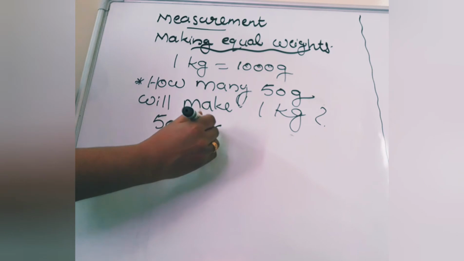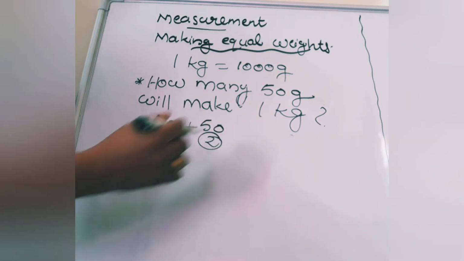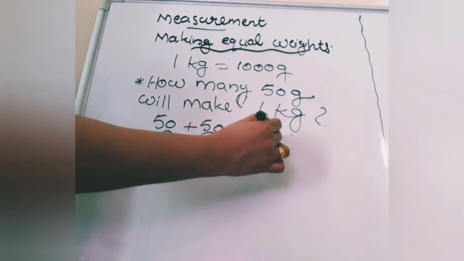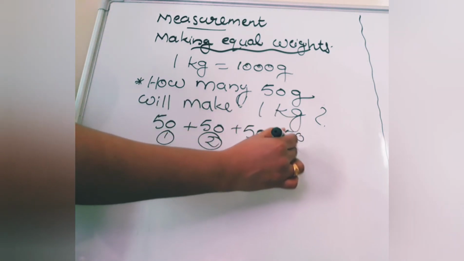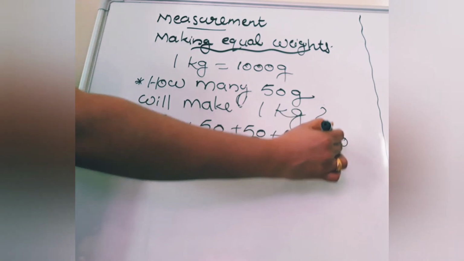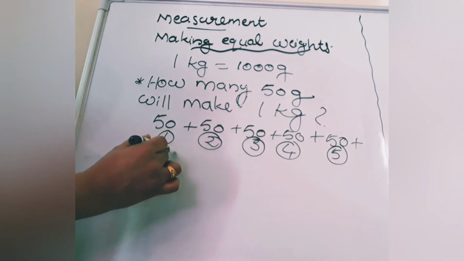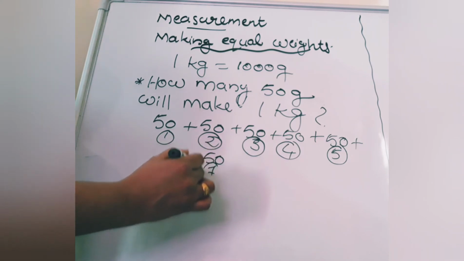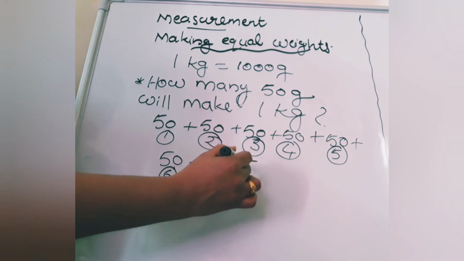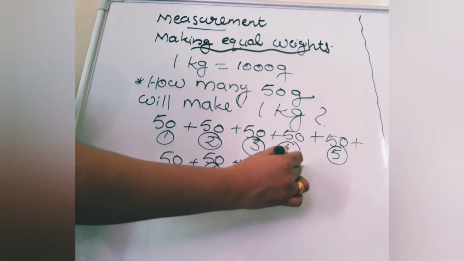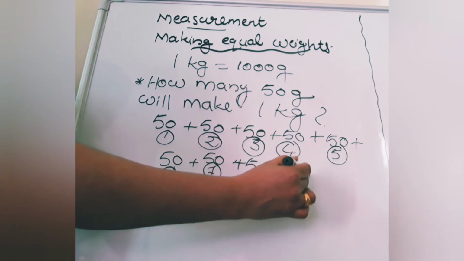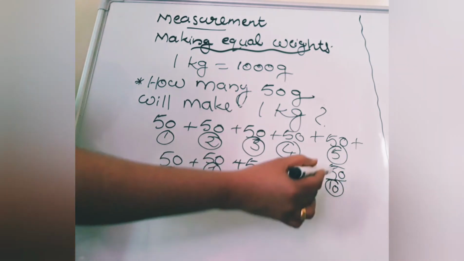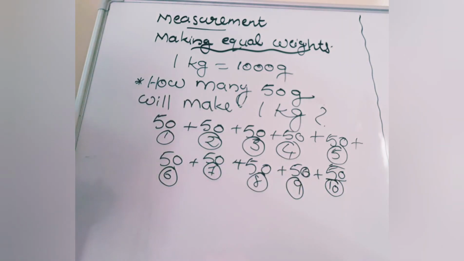Then 50, second time, third time, fourth time, 5 times, 6 times, 7 times, 8 times, 9 times, 10 times. But 10 times when you take, here is a trick you can use.